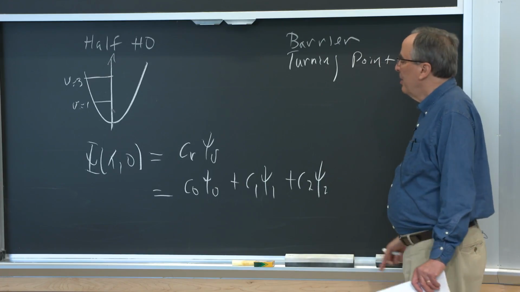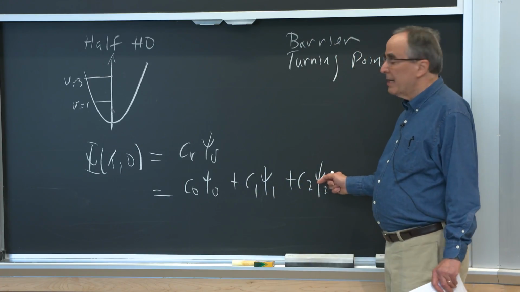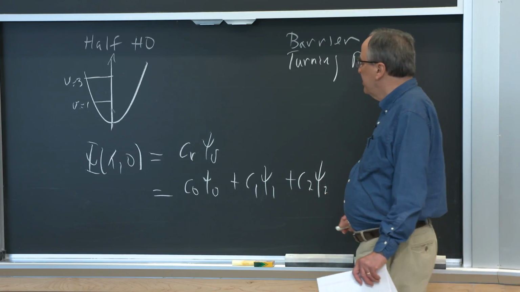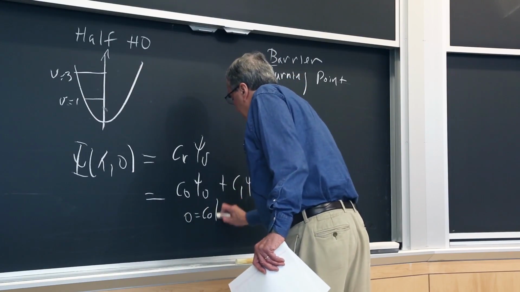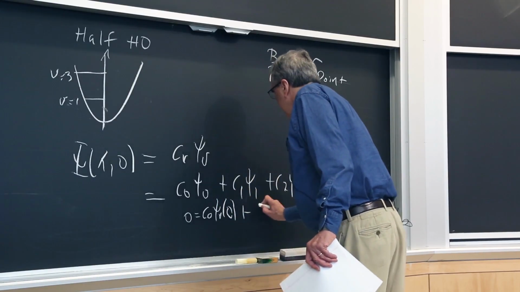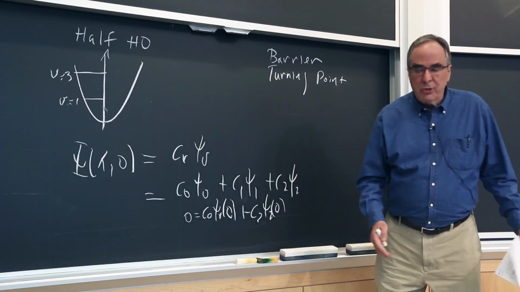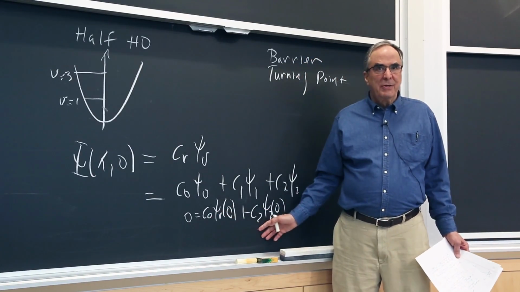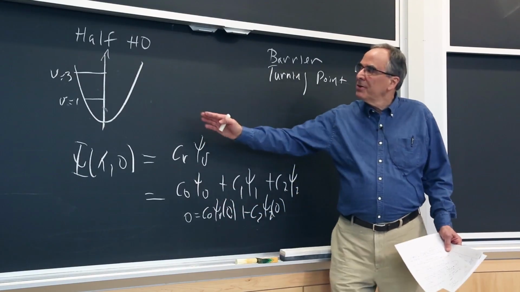Now, this guy is not 0 at x equals 0, and this guy is not 0 at x equals 0, but you can say 0 is equal to C0 psi 0 of 0 plus C2 psi 2 of 0. We choose the coefficients so that these two together make 0 at the boundary.